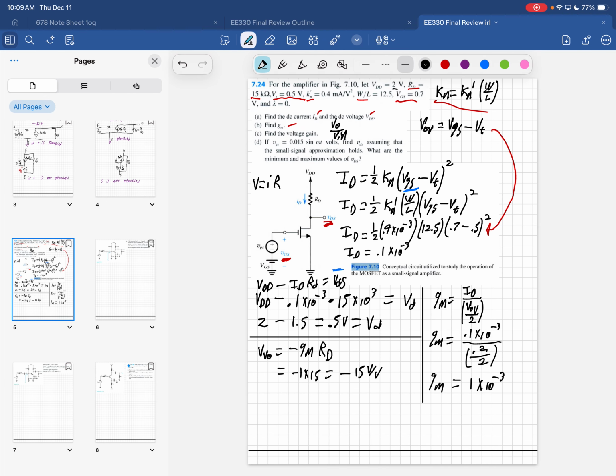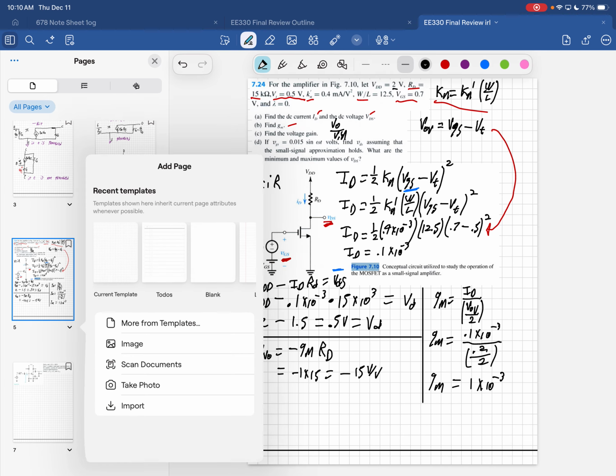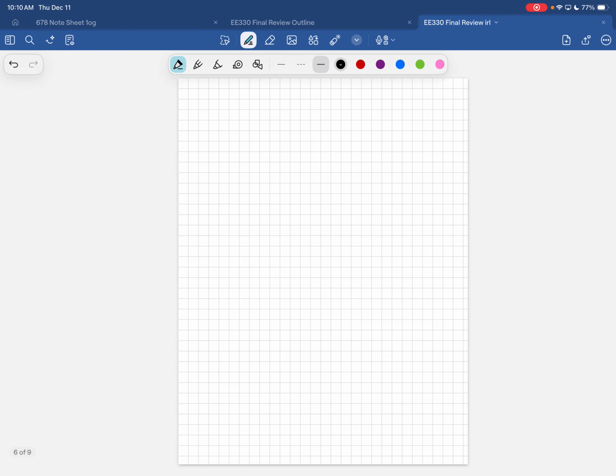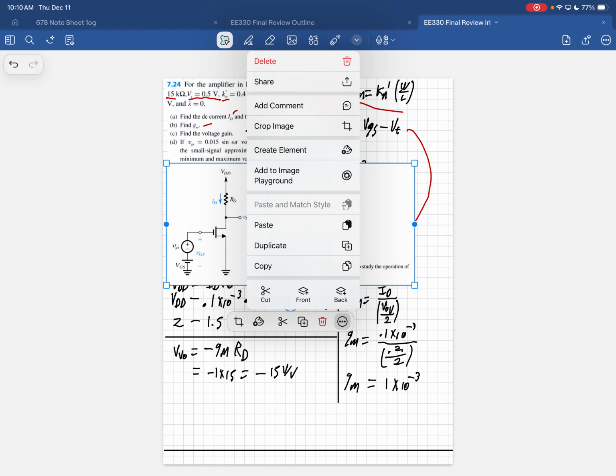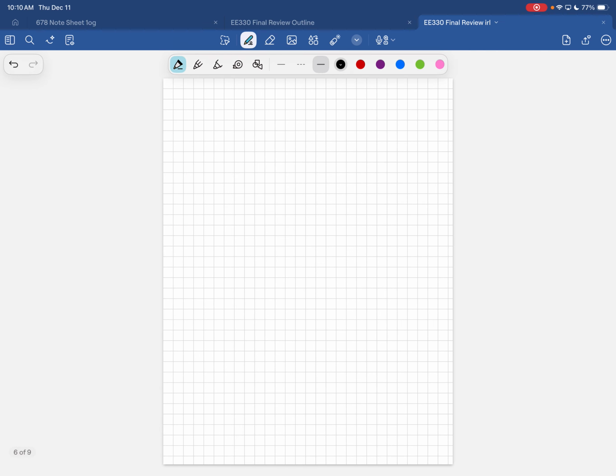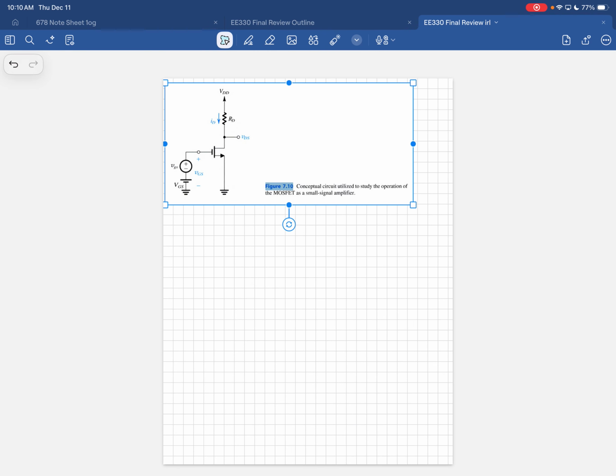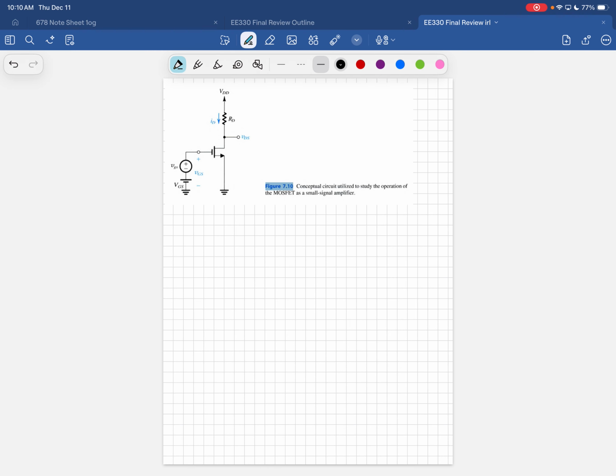Let me just add another page here. Okay, so to do pi model, you're going to have your VGS voltage source coming into here.